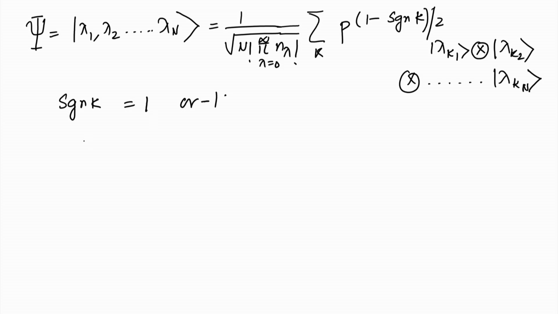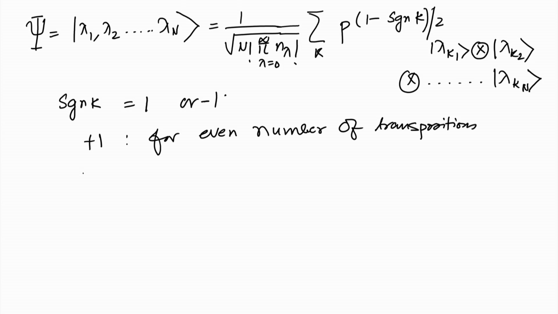Plus 1 is for an even number of transpositions, and minus 1 is for an odd number of transpositions.